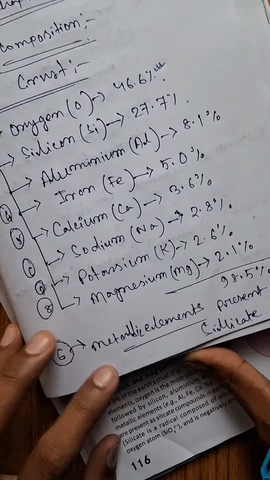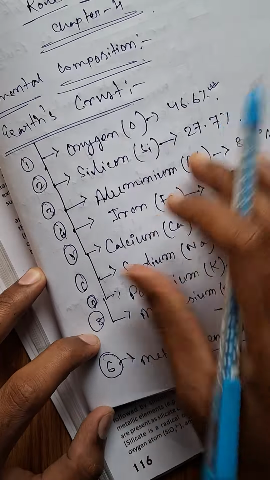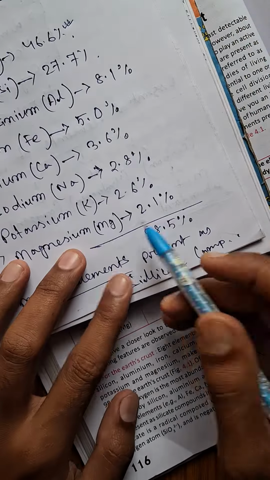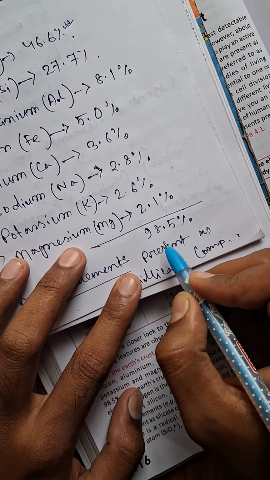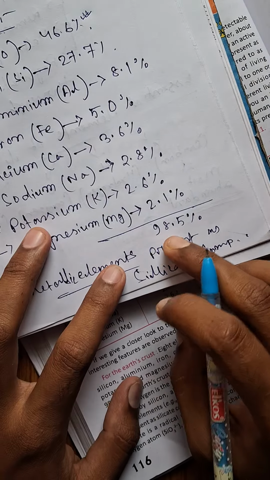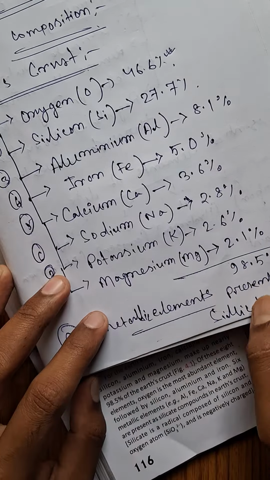There are 8 major elements present in our Earth crust, and these 8 elements cover almost 98.5% of the total elemental composition of the Earth crust.